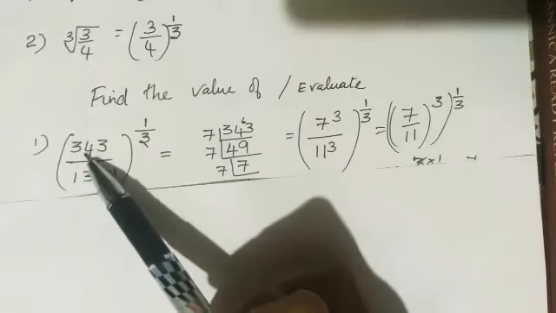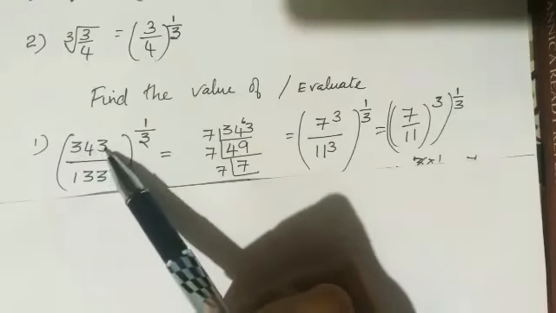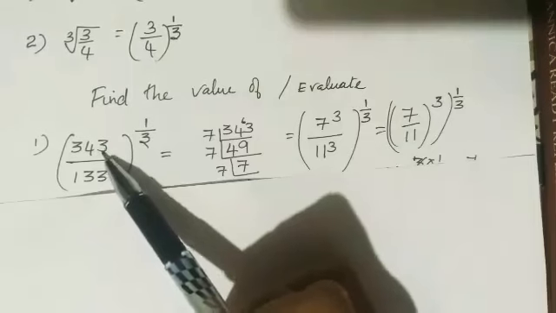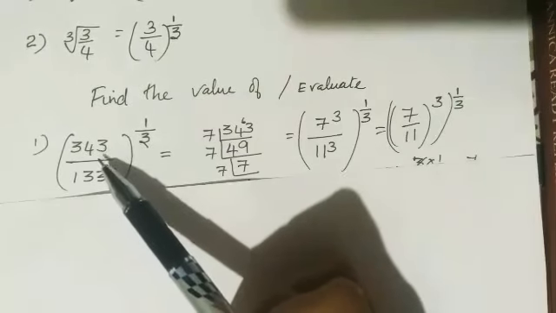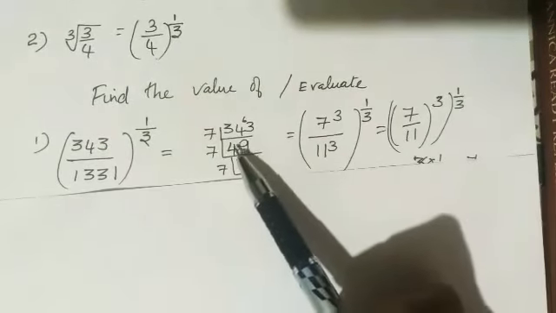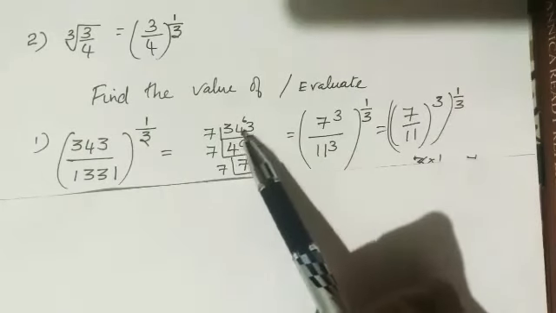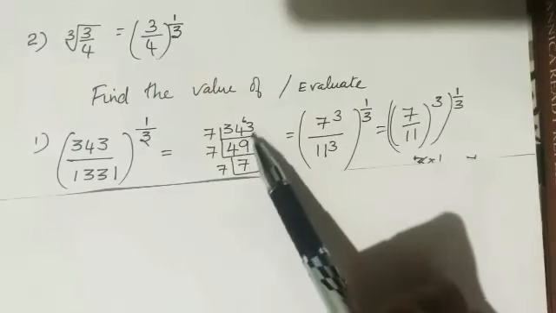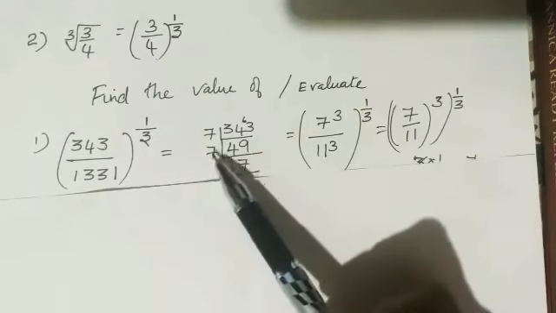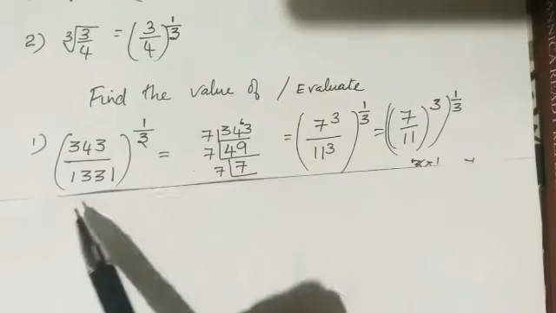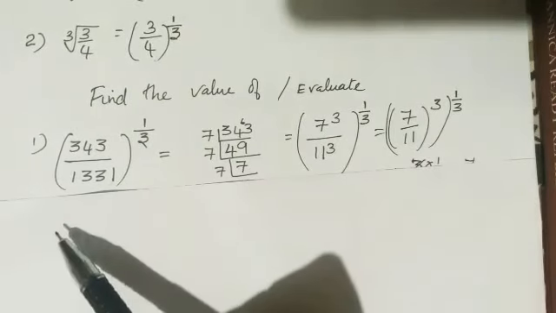The sum of all these digits, 3 plus 4 is 7, plus 3 is 10, is not a multiple of 3, so it is not divisible by 3. This is not divisible by 5. So let us check whether it is divisible by 7. By prime factorization, we saw that 7 4s are 28, remainder 6, 63. 7 9s are 63. So we get 49. So by prime factorization, we saw that it is 7 cube. And always remember 1331 is a cube of 11.